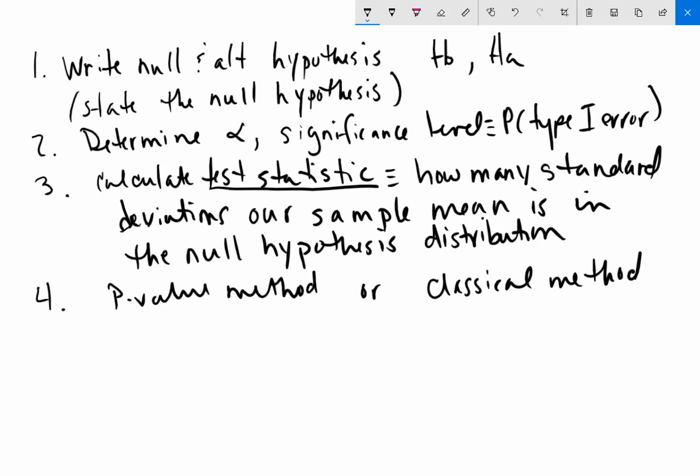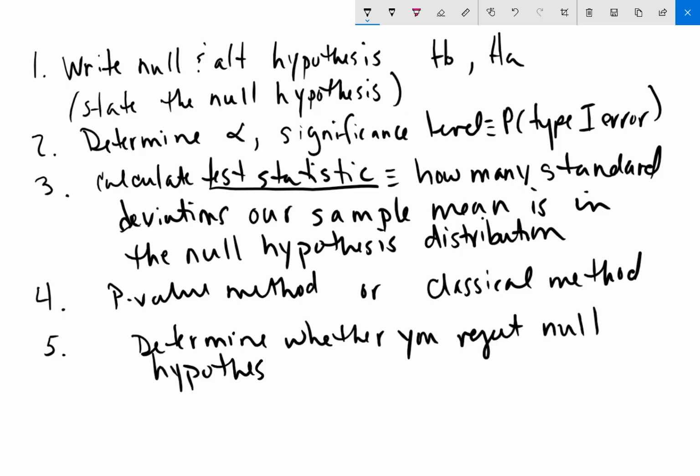So you'll determine those two, and step 5 is based on the p-value or classical method, you're going to determine whether you reject the null hypothesis. And then the last step would be state the conclusion in the context of the question.